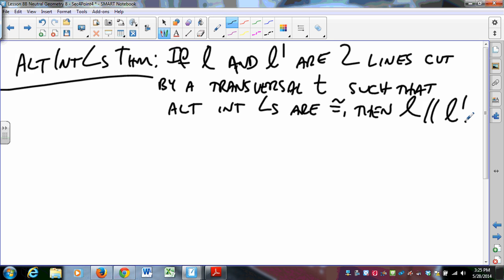We did this in high school. If you see congruent alternate interior angles, that means the lines are parallel.